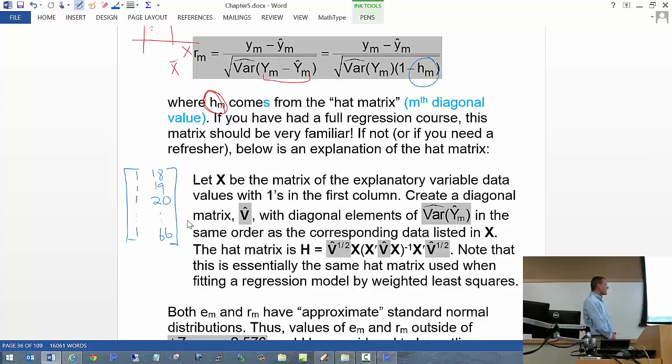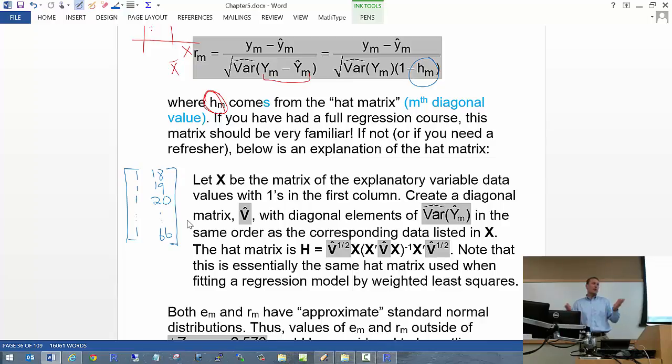V hat is a diagonal matrix where on the diagonal, so the 1,1 element, 2,2 element, and so on, are the estimated variances of y hat. For a logistic regression setting, that would be n times pi hat times 1 minus pi hat, where n is the number of observations of a particular explanatory variable pattern. And then the hat matrix is shown there: v hat square root x times (x prime v hat x) inverse x prime v hat square root.